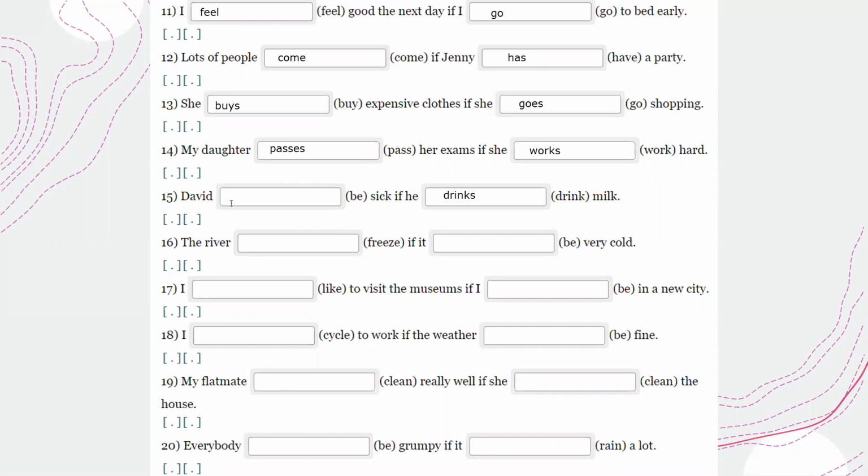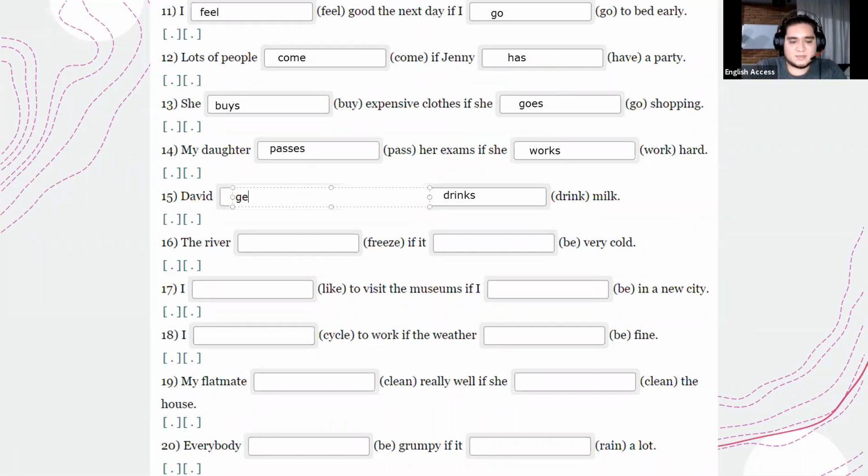You can use feels, or gets. Gets or feels. Very good. Be, I don't think, is a good option here, but gets or feels, yes, very good. 16.